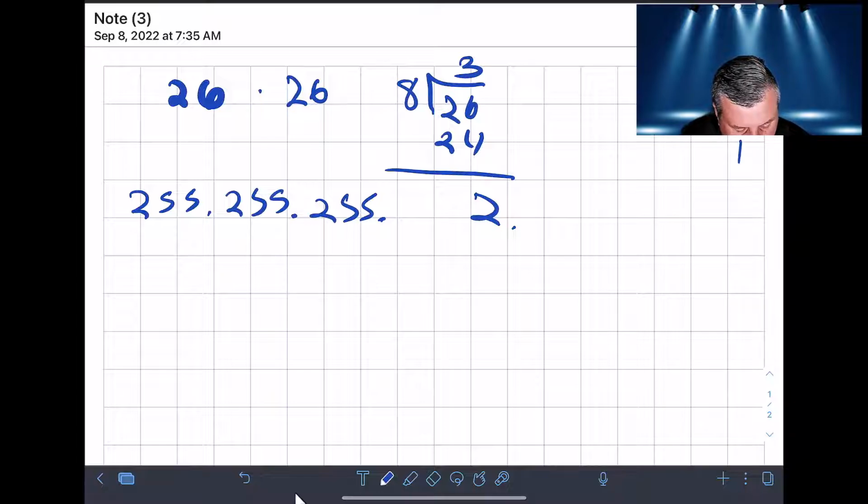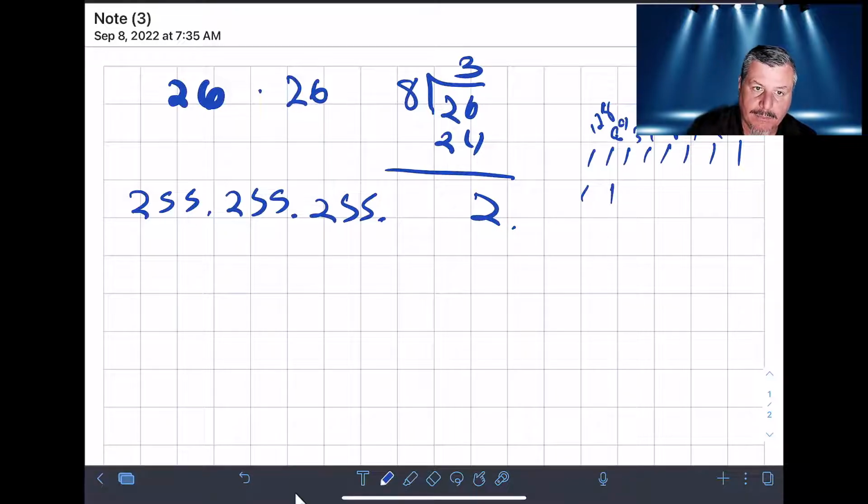If we remember our number line, we go 1, 2, 3, 4, 5, 6, 7, 8. We've got 128, 64, 32, 16, 8, 4, 2, 1. And then we have 2 bits left over. And remember, masks are from left to right.